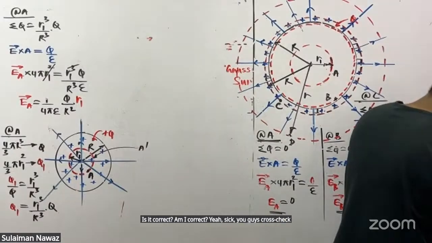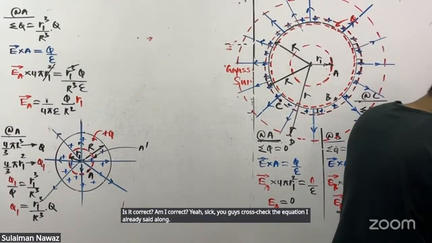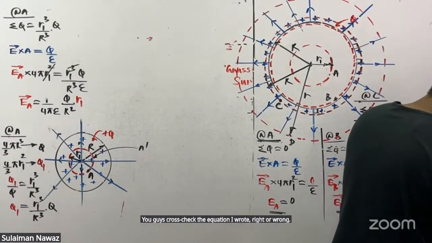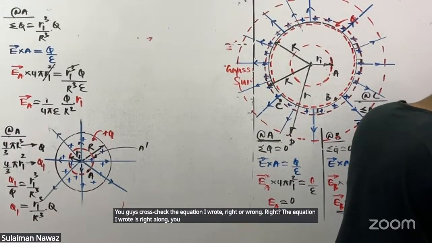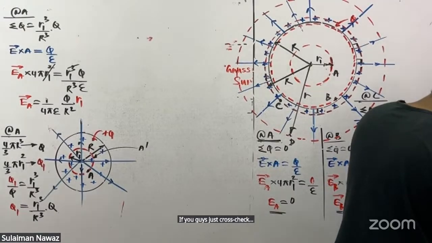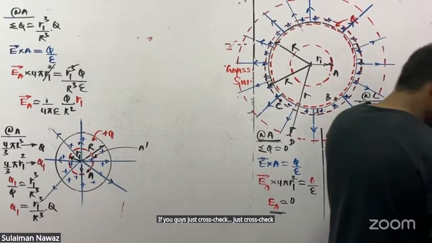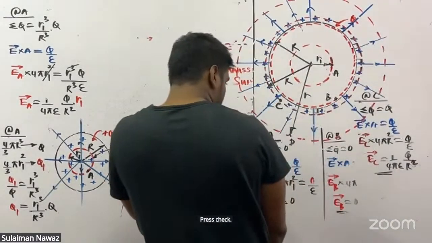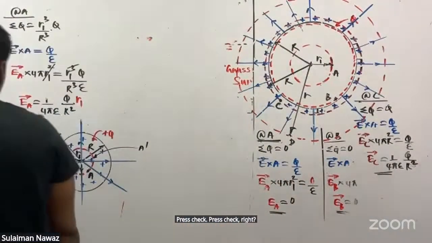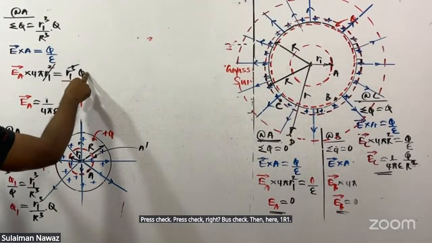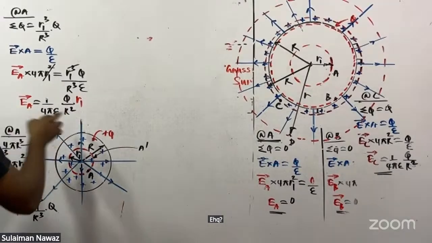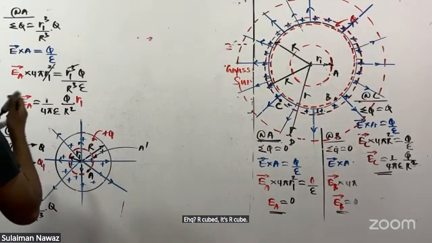Is the equation I wrote right or wrong? Cross check, then here R1, here it's Q, R cube.